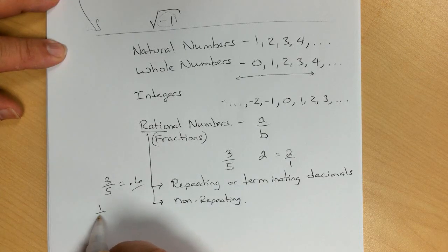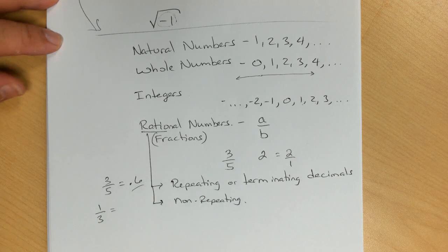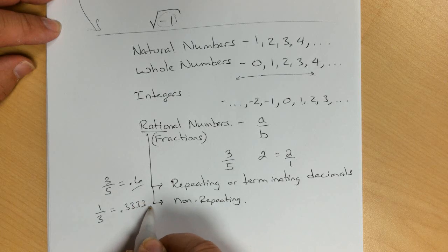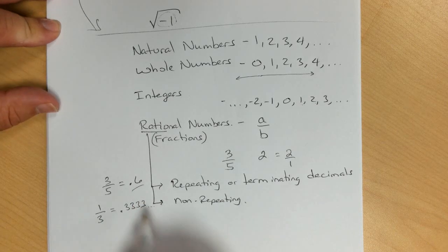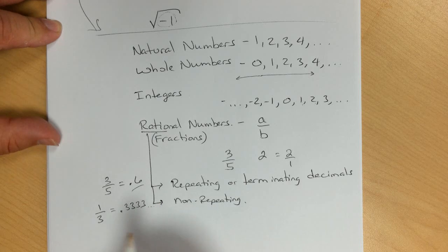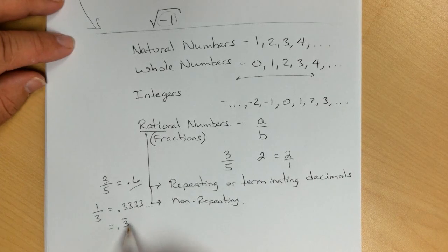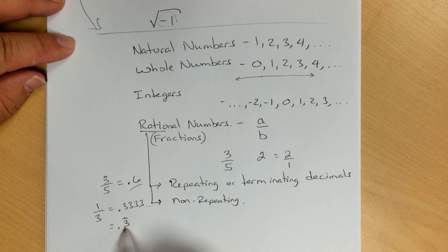The number 1 over 3 is 0.3333 forever. If it goes on forever with the same pattern, what we do is put a bar over it. If you ever see a number with a bar over it, that means all the numbers after that are whatever is under the bar.